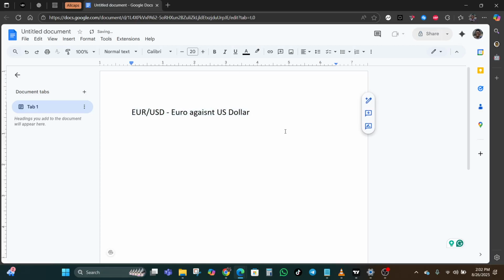Now we also have GBP USD, which is the British pound against the US dollar. This is often more volatile than Euro USD, making it attractive for active traders.